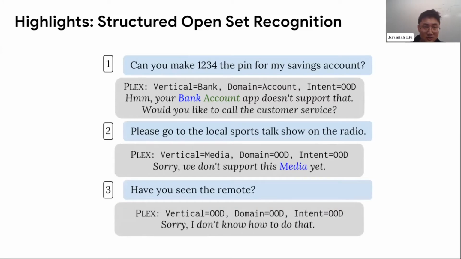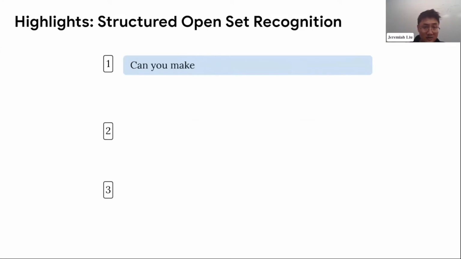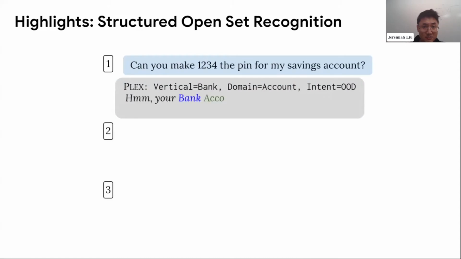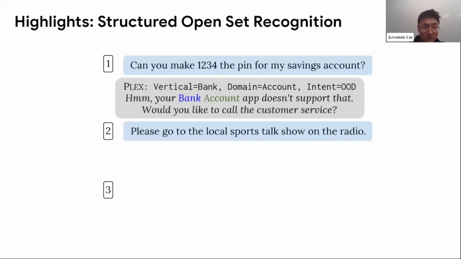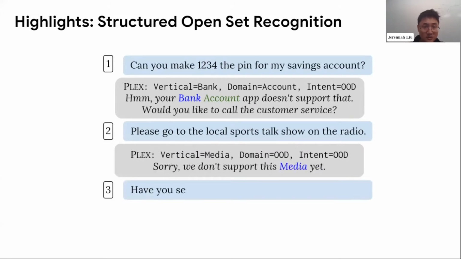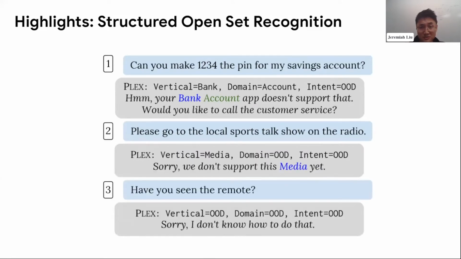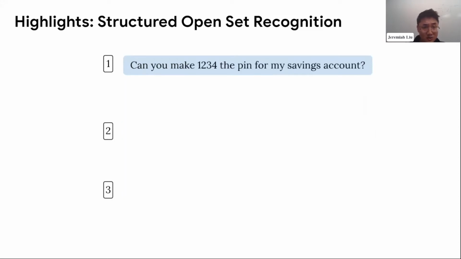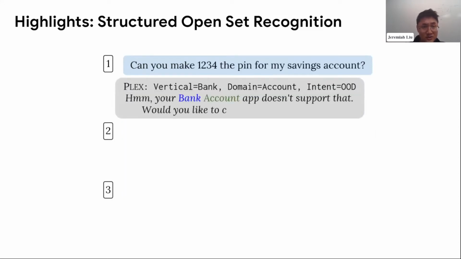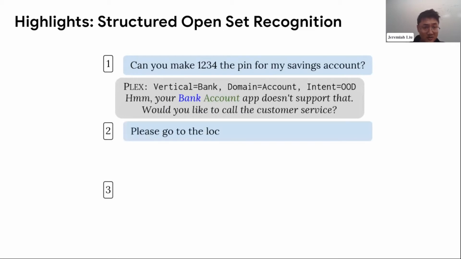So in the older days, if you only have an atomic intent prediction, maybe you just have to punt outright, which does lead to an unpleasant user experience. In our case, if you can partially recognize, oh, this user is asking about something about a bank account, right?